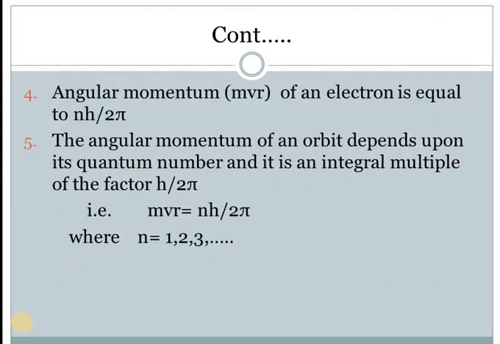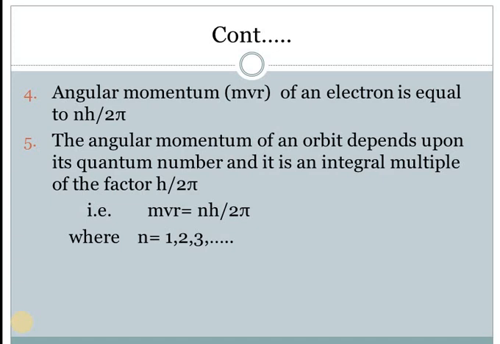Fourth is angular momentum. Now what is angular momentum? When we say that an electron is revolving around the nucleus, it means that it is making certain angles, due to which it is coming towards the nucleus or moving in a circular path.